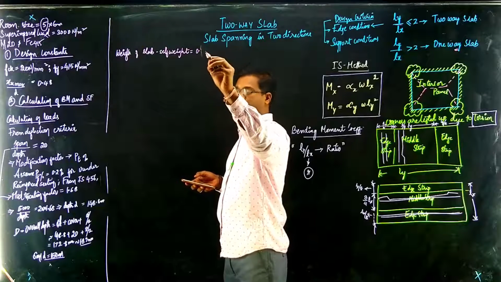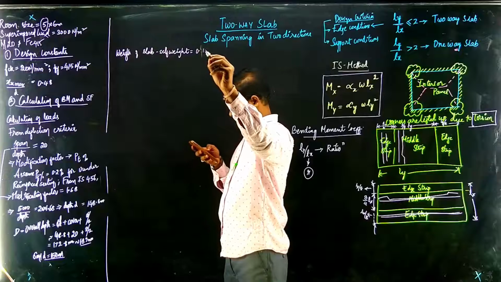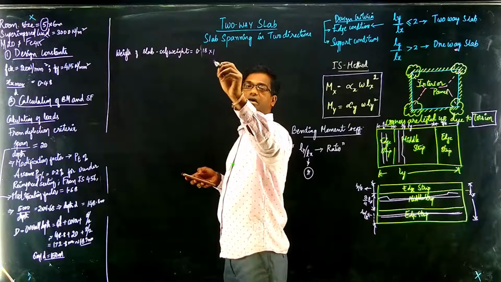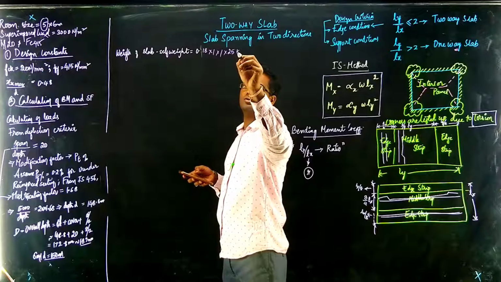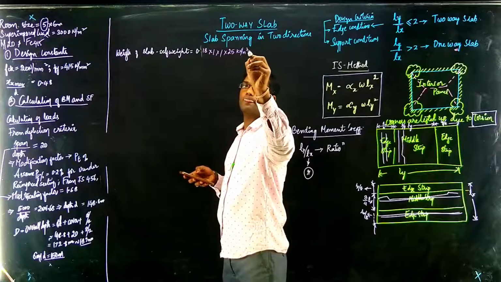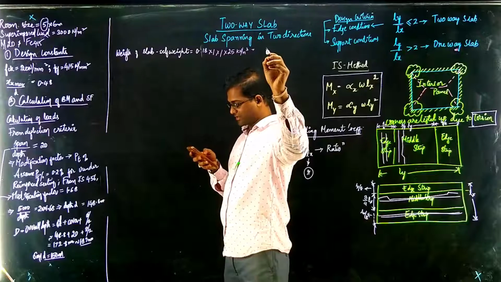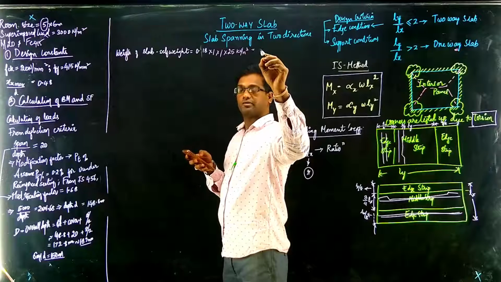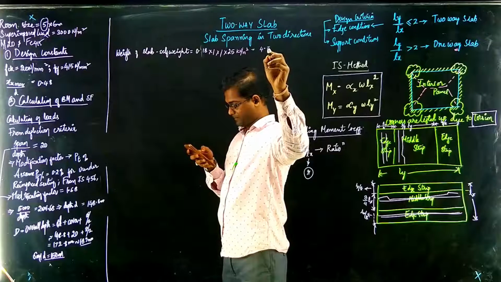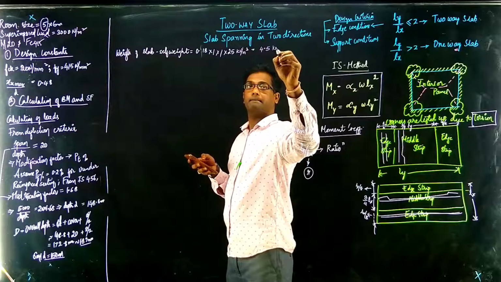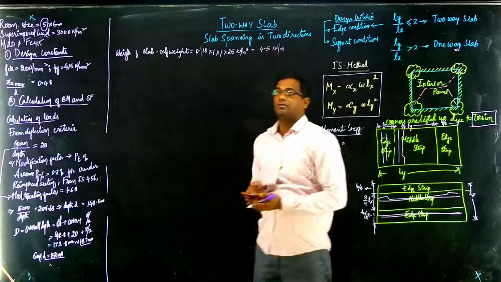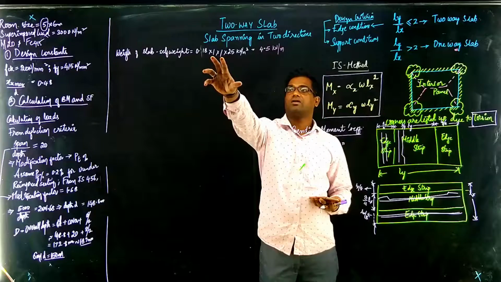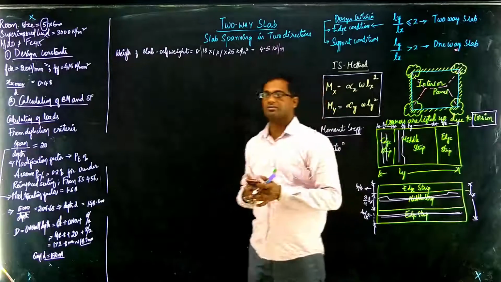Overall thickness is 0.18. 1 meter width you have to take, 1 meter depth you have to take, 25 is the density, kilonewton per cubic meter. You get this value as 4.5 kilonewton per meter. You are taking per meter square, right? So per meter you can write.